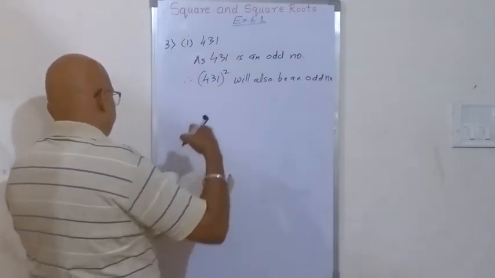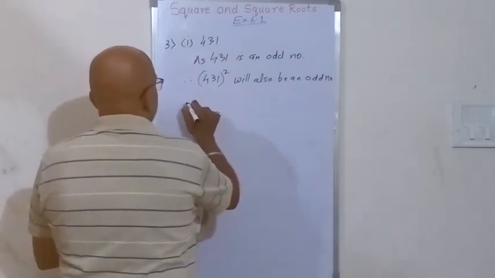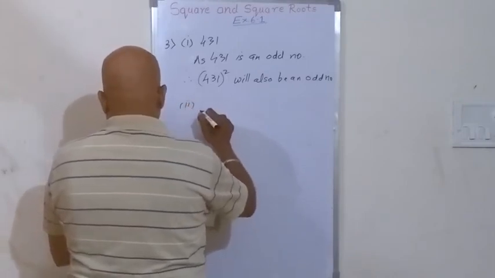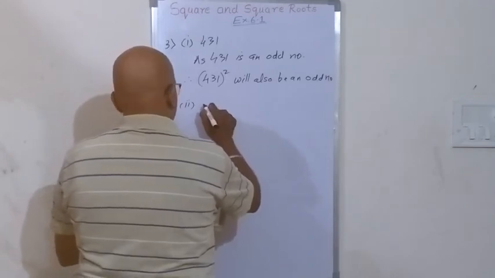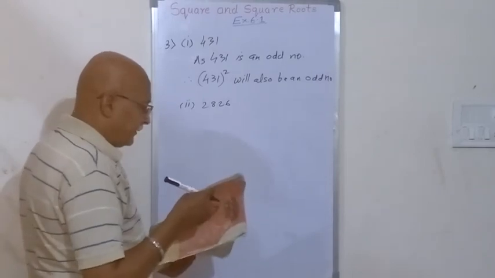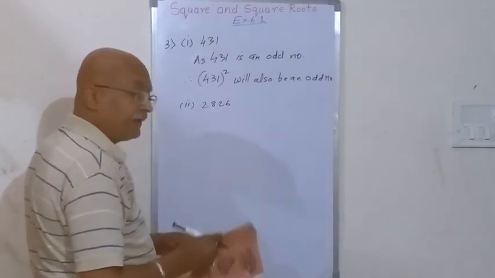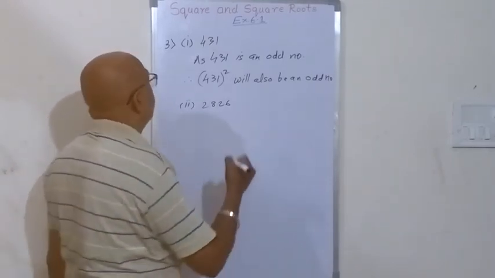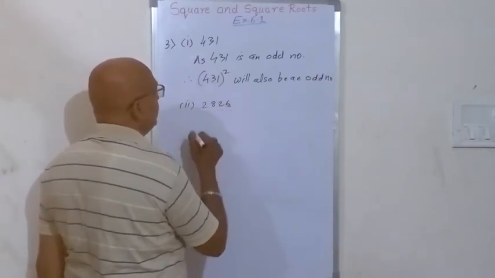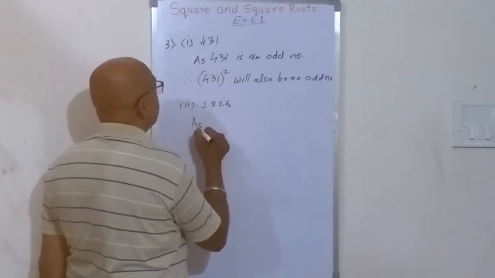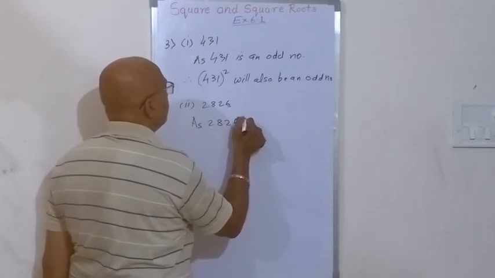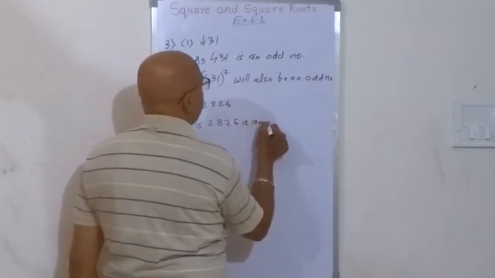Second one is 2826. The two I am going to do, the rest two you have to do completely. So here 6 is the unit place digit, so we'll write that 2826 is an even number.